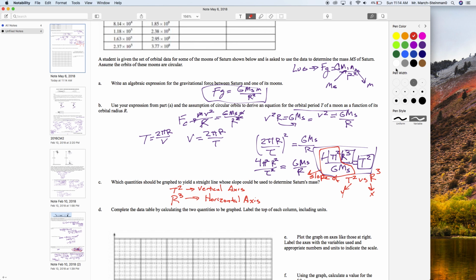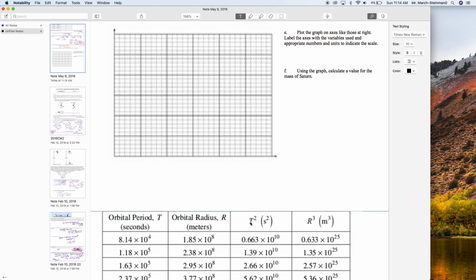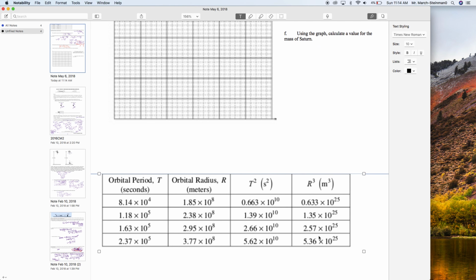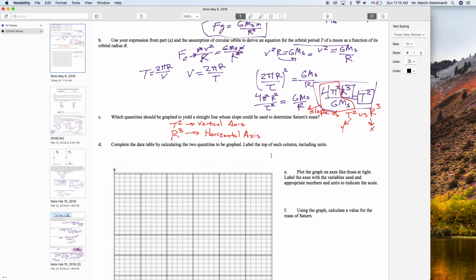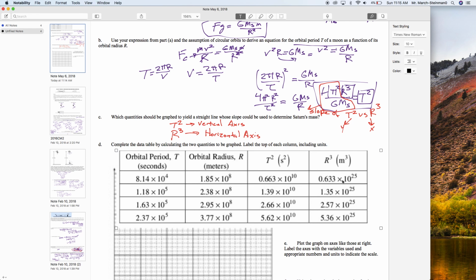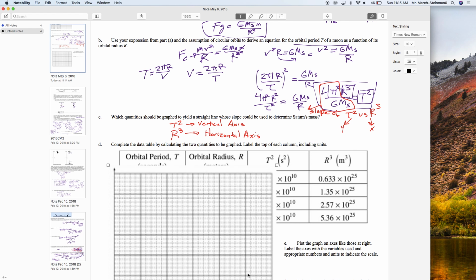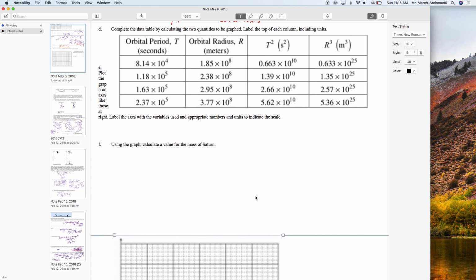Going forward, one thing I want to pay attention to is that now I need to complete the data table. Fortunately, I have this already completed, because otherwise it'd be a big old pain. So, completing the data table, I'll paste it there and move this graph down a little bit.